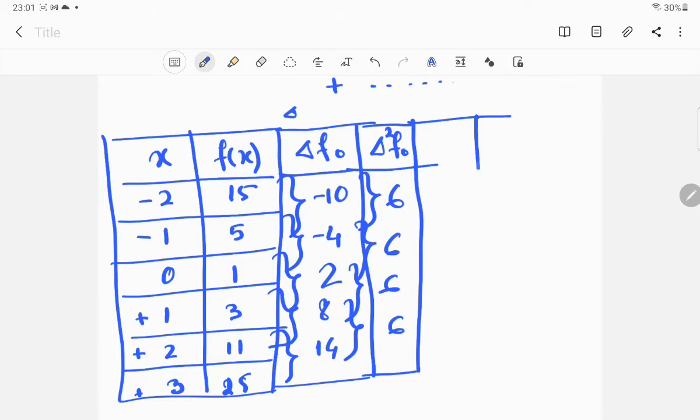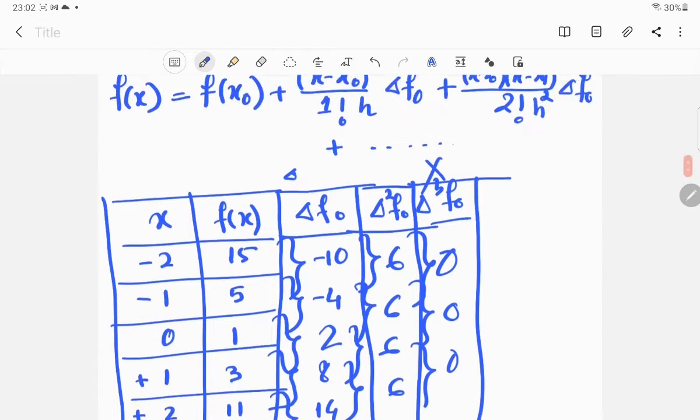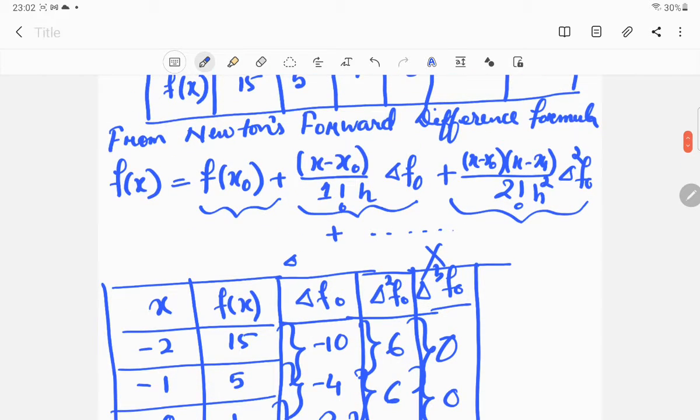Now del 3 f0 is 0, this is also 0, and this is also 0. So there is no point of going up to the term del 3 f0. These terms are enough. We need not go to del 3 f0. We don't need the fourth term.